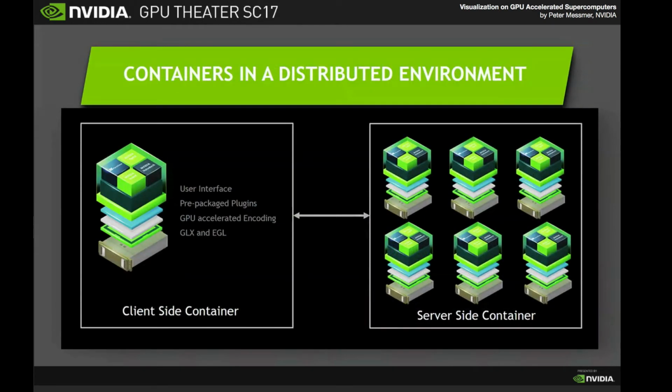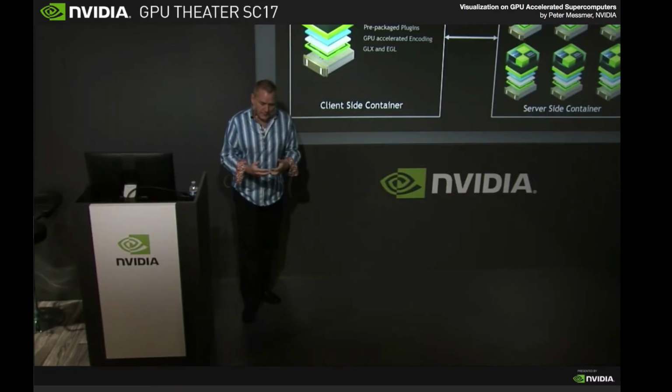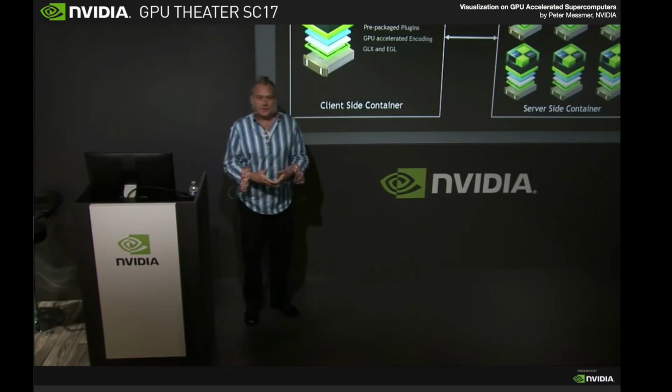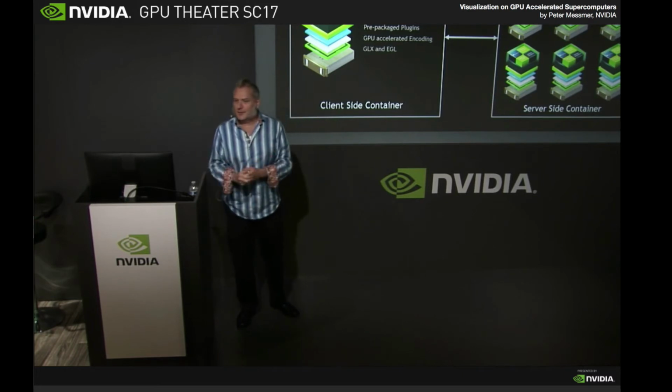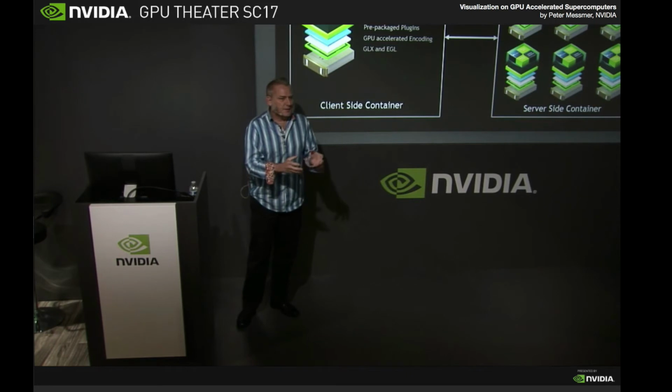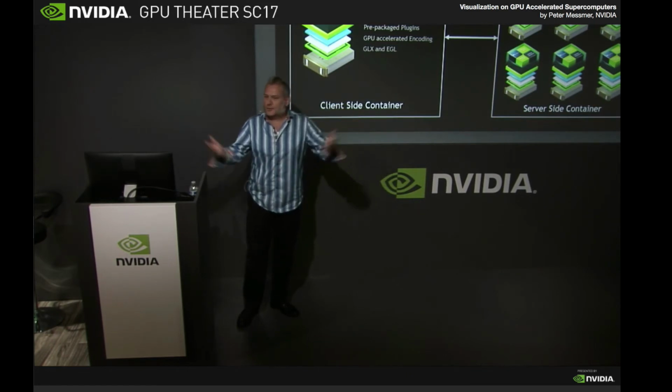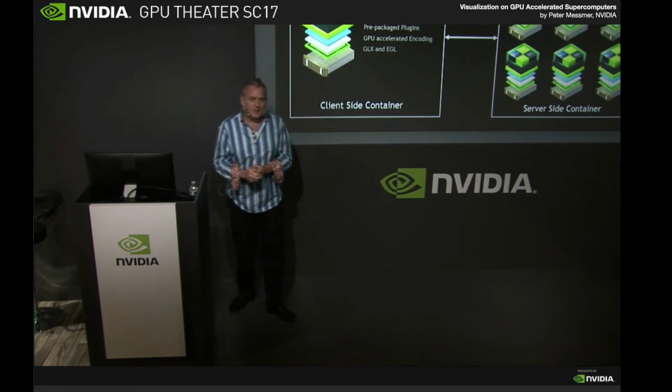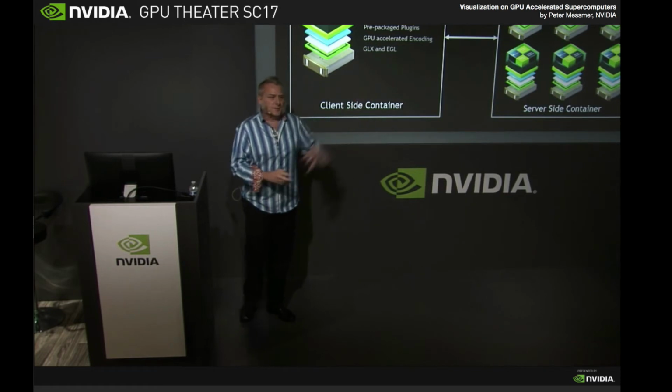One thing you might wonder, and one thing that actually separates the visualization container story from the general purpose application story, is that for a general purpose HPC application, let's say a molecular dynamics simulation code, you expect that everything runs on the HPC system. You might run across a handful of nodes, but you fire off the job and it runs there.